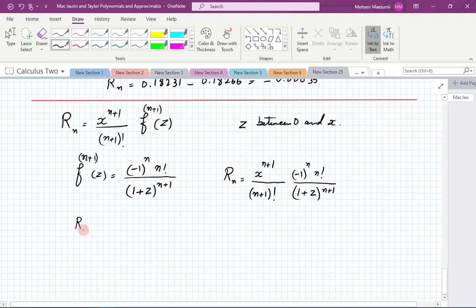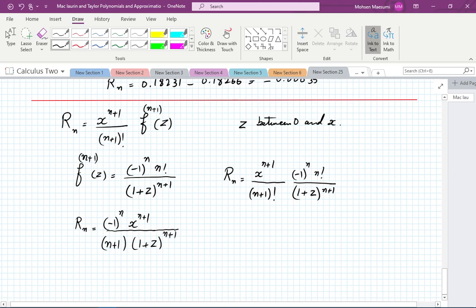So Rn, for the logarithm case, the simplification is that these two cancel each other, and I'll have minus 1 to the power of n, x to the power of n plus 1, and then in the denominator I am left with an n plus 1, and then I have 1 plus z to the power of n plus 1.